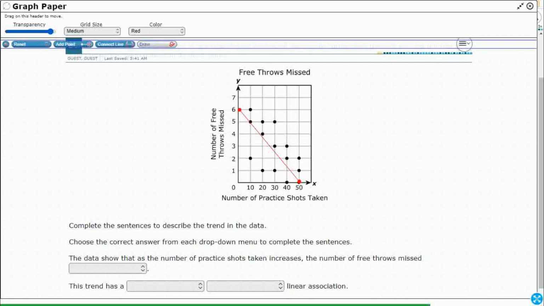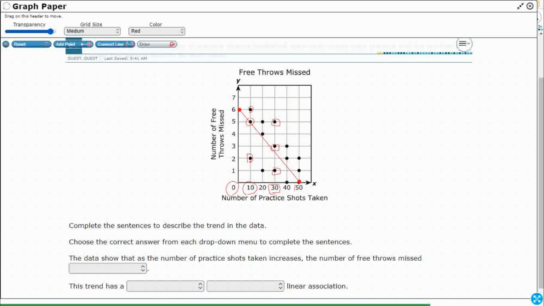So the number of free throws missed, look at this, we've got 0 practice shots, so they didn't do any practice shots. And we didn't see any dots there, but if we've got 10 practice shots, for some reason we had 2, that kind of doesn't fit the pattern, but look, we've got really high number of free throws missed, 5 and 6. But as we get bigger, let's jump up here to 30, look at the number of practice shots are increasing, and you notice that we're decreasing a little bit here.